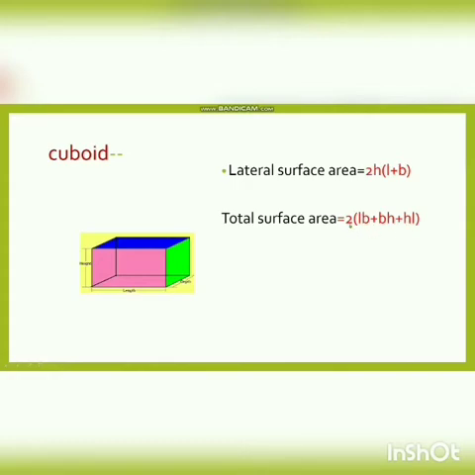Again listen, total surface area is equal to 2 in bracket l into b plus b into h plus h into l. And volume of cuboid is equal to l into b into h.